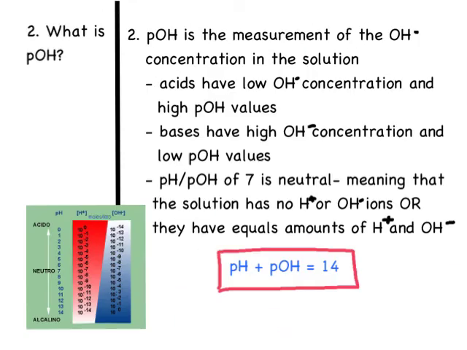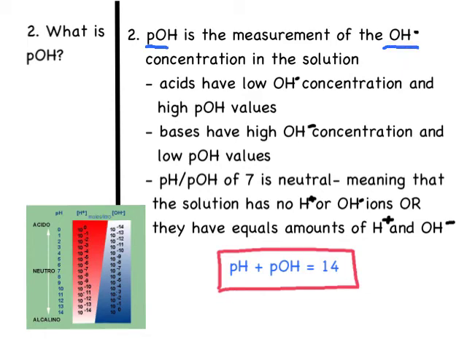All right, the next thing we're going to talk about is something that's less common than pH, but it actually exists. There is a scale called the pOH scale. If pH measures hydrogen ion concentration, then pOH measures the hydroxide ion concentration in the solution.